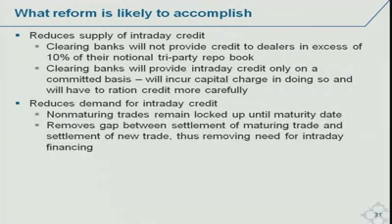Clearing banks also will be required at the conclusion of the reform efforts to provide intraday credit only on a pre-committed basis. So no more of this uncommitted credit. They're going to be providing committed credit, and they will be subject to a capital charge for that. We believe that shift will really incent them to better ration and price the credit that they're providing and to really think about the risk that they're taking with capital.